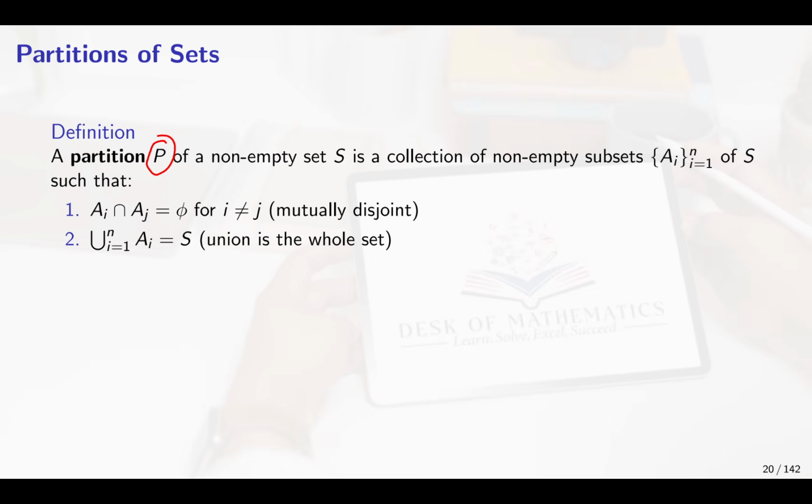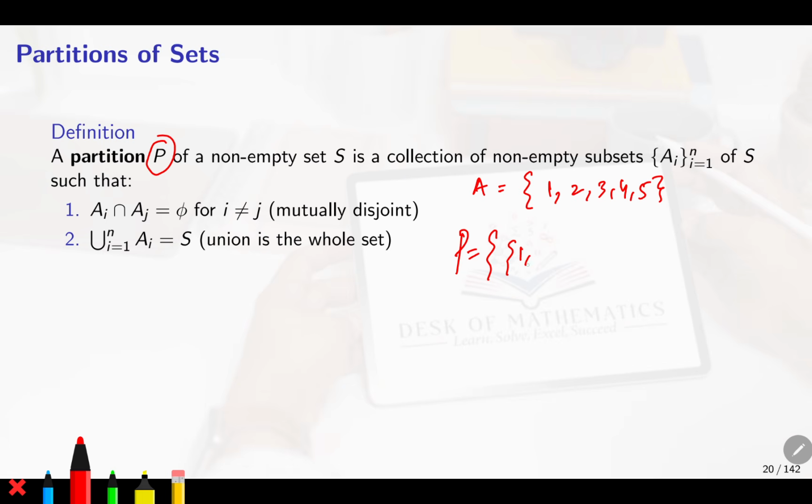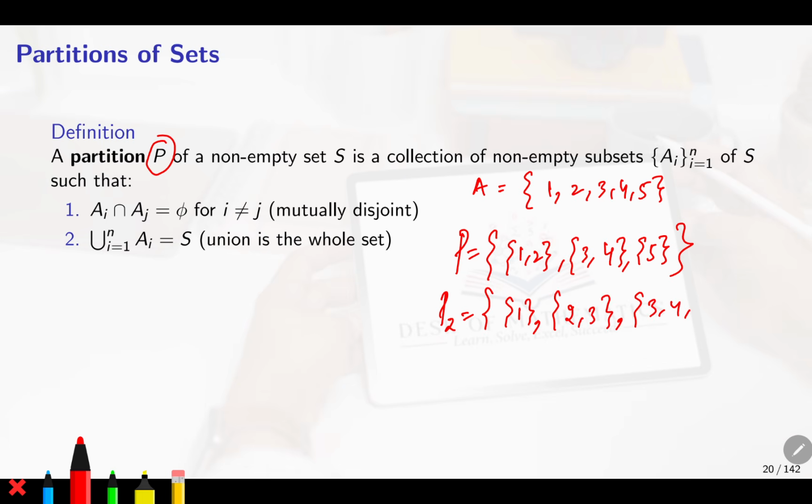For example, let A be equal to {1, 2, 3, 4, 5}, and they will give the subsets of A as, let's say, P1 equal to {1, 2}, {3, 4} and {5}, and now P2 they will give you {1}, {2, 3}, {3, 4, 5}, and you have to check whether P1 and P2 are partitions.